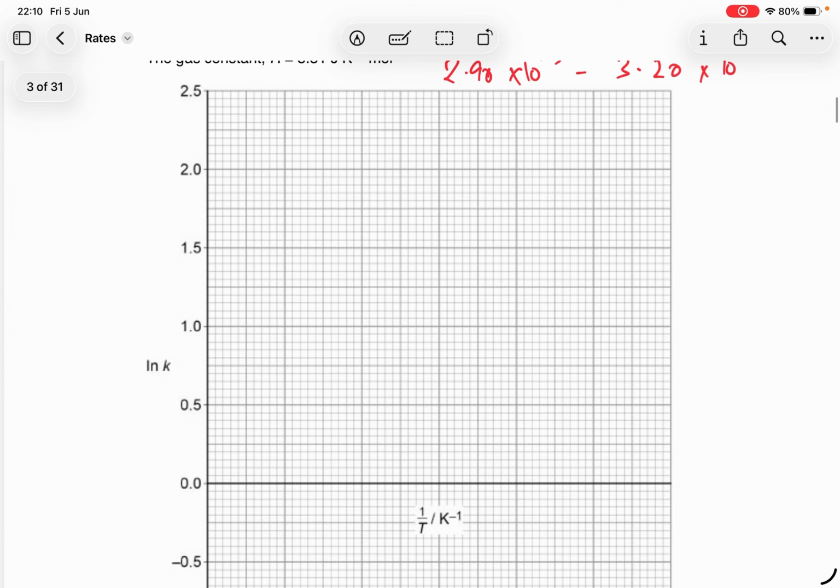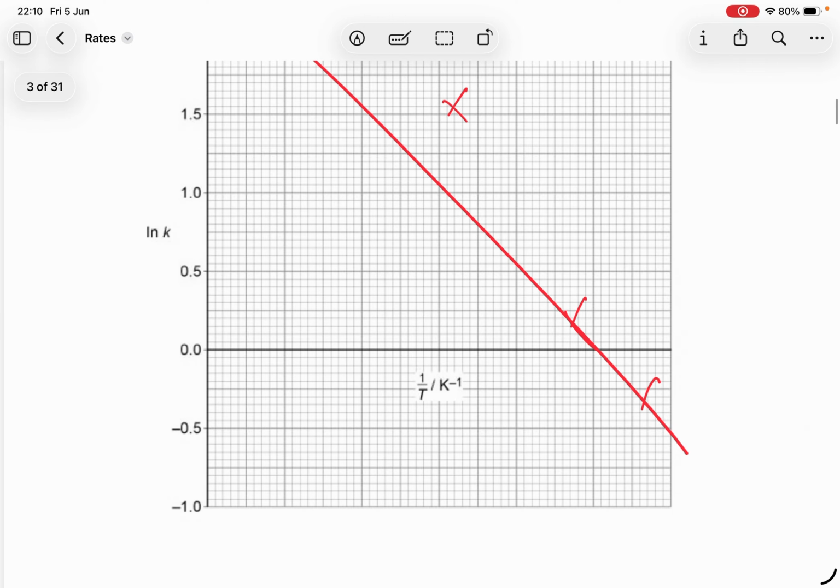Again, these are mathematical skills which you need to be able to plot. You should get something like this, a straight line that practically is going to go something like that.